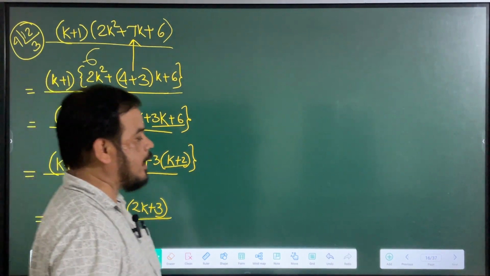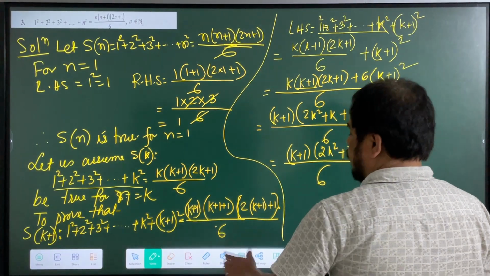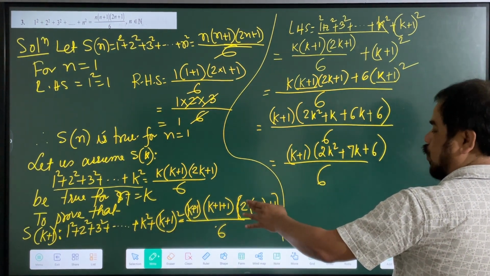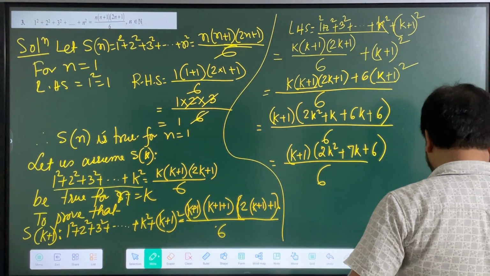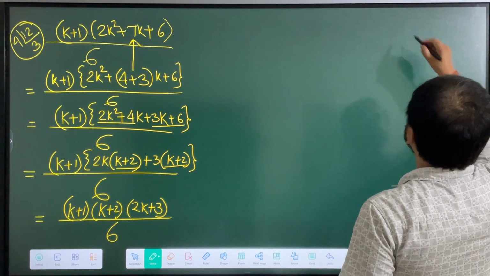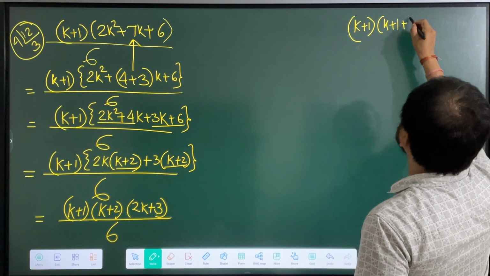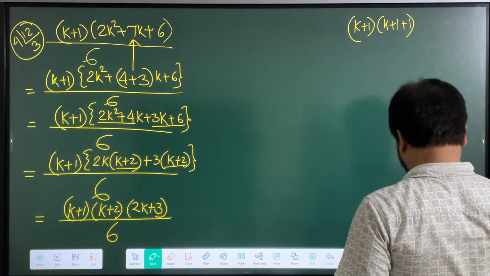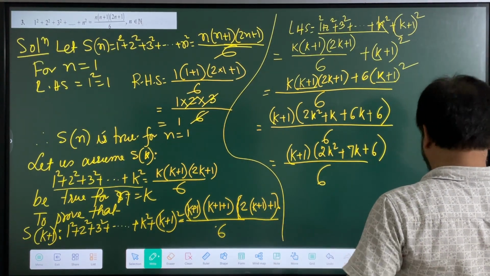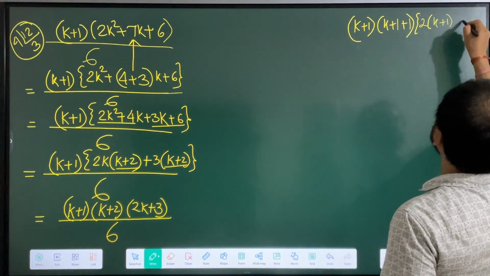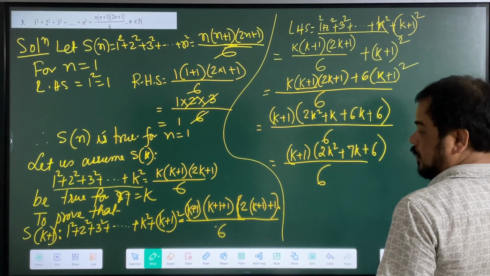Now we will see what is in the right hand side. This is right hand side: k plus 1, k plus 2, 2k plus 3. Let us write here k plus 1, then k plus 1 plus 1, then 2 into k plus 1 plus 1, I hope.